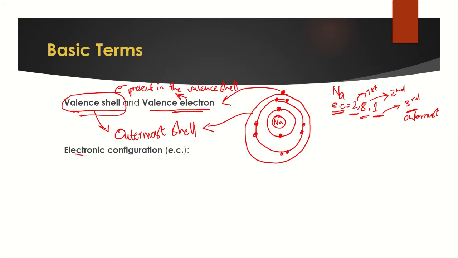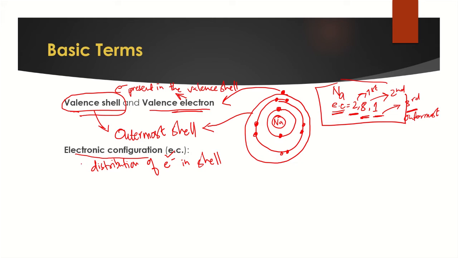Now what is electronic configuration? Electronic configuration is the distribution of electrons in the respective shells of an atom. As we have already looked at the example of sodium, the first shell contains 2 electrons, to the second shell 8 electrons were distributed, and to the last shell 1 electron was distributed.